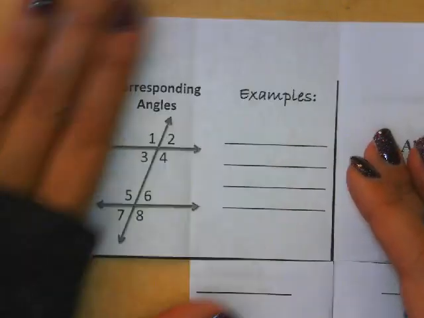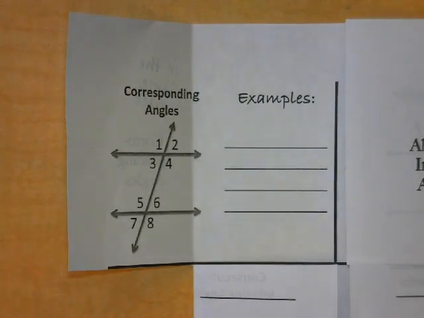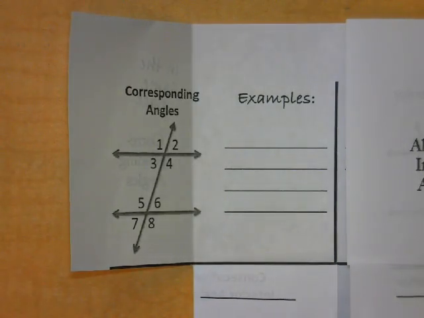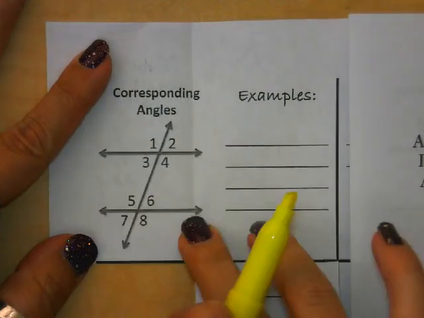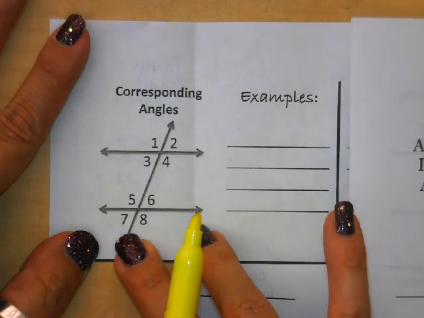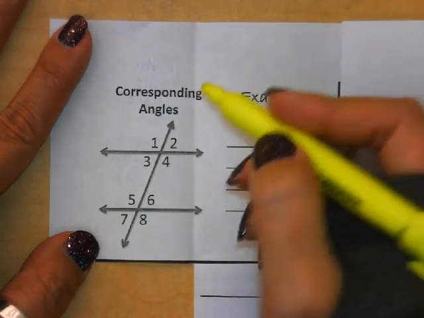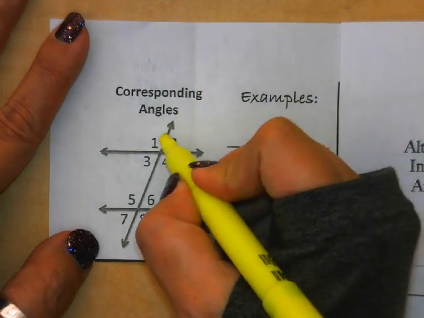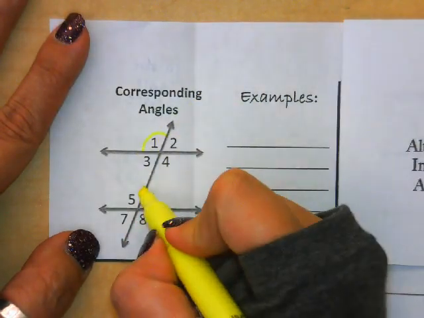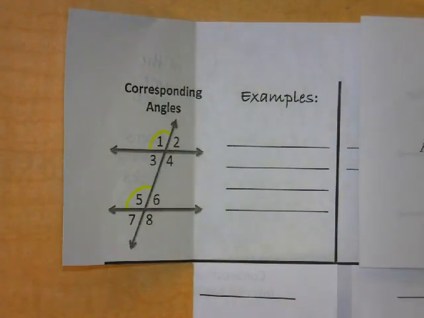So if you look here, I'm going to use some colors to help us identify corresponding angles. Here I have two parallel lines. This is called a transversal because it is cutting both of the parallel lines. Corresponding angles are going to be in the same spot on the parallel lines.